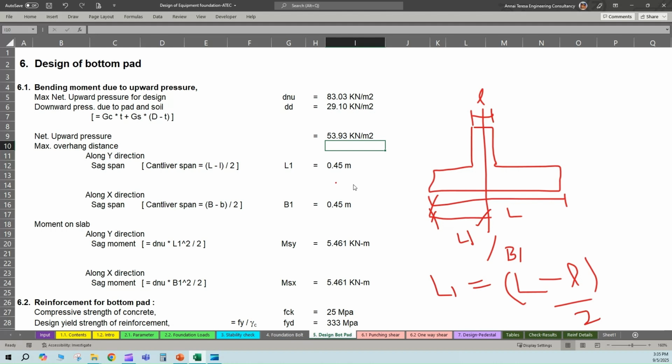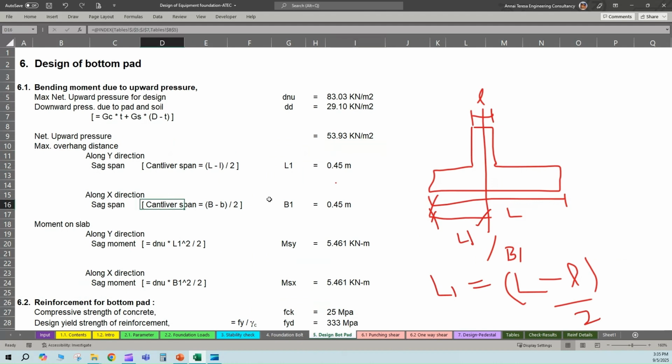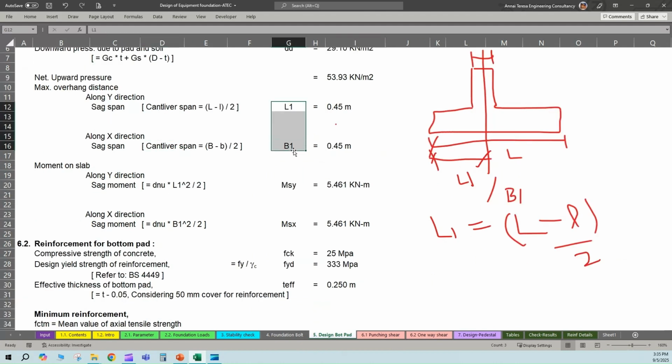So we already know that the foundation size is 1.6 meter and pedestal size is 0.7 meter. So the whole value is 0.45. So this is what we have considered here. As it is a square, both L1 and B1, that is both the length and width directions, remain the same at 0.45 meter.